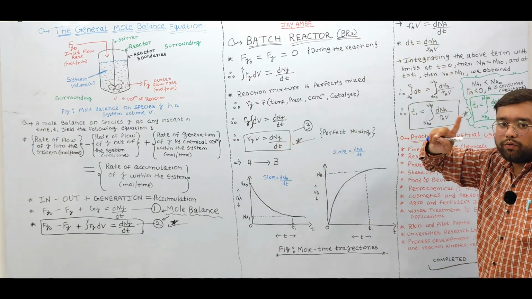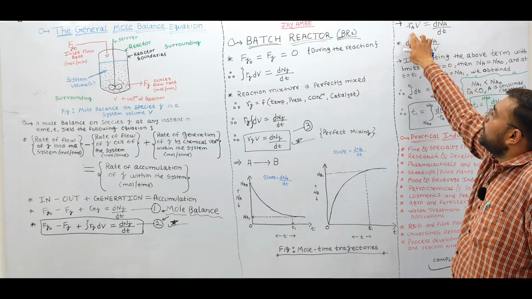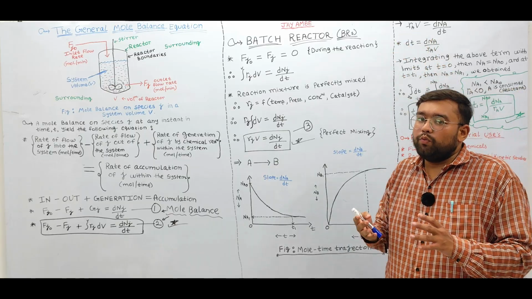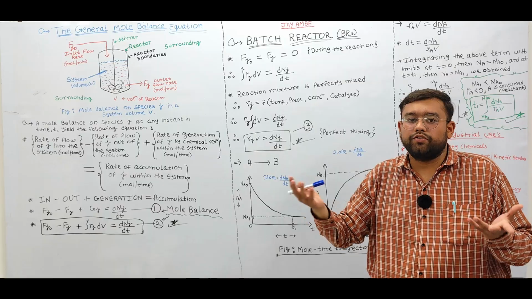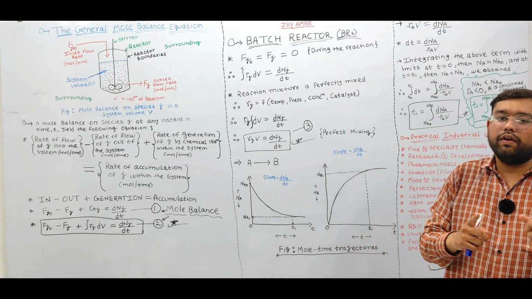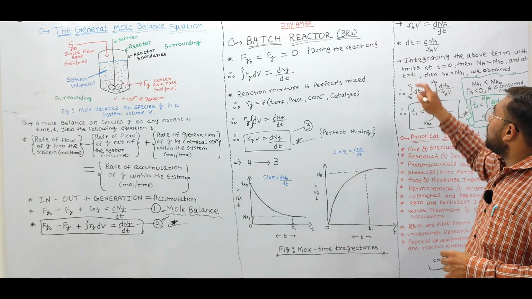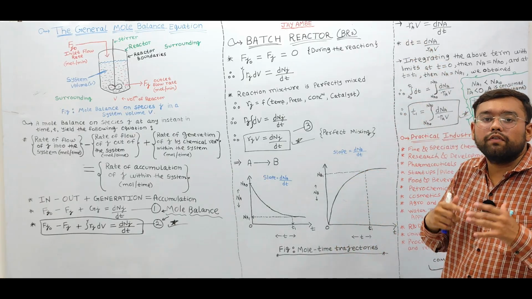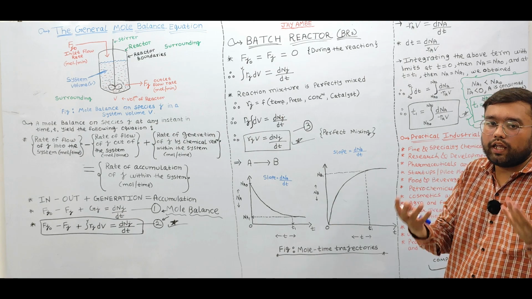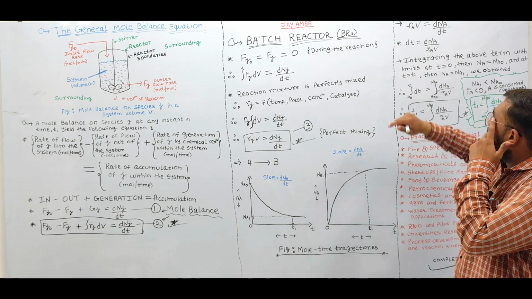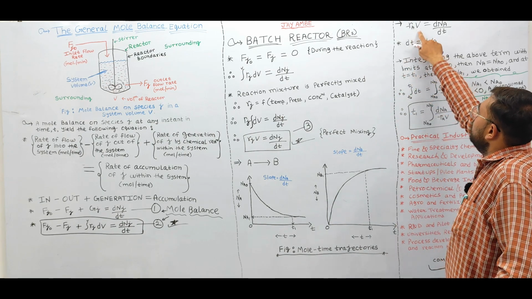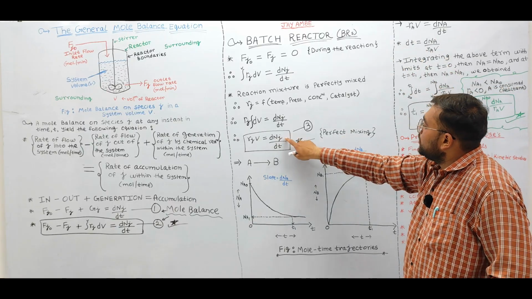Here we are writing with respect to reactants, so we write minus Ra. Why minus Ra? We already understood this in the previous lectures. If you want to recall, please watch the previous lectures. So minus Ra represents the rate of disappearance of reactant A in the reaction environment. So minus Ra into V is equal to dNj by dt.